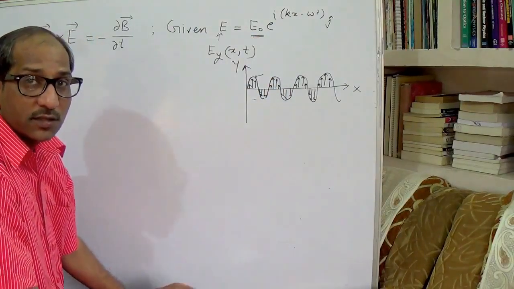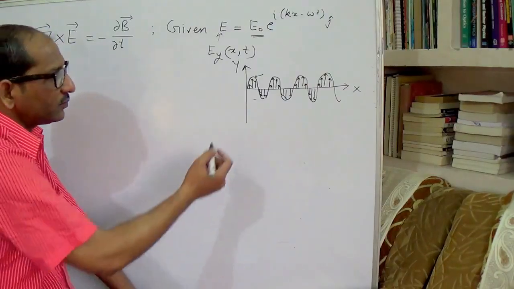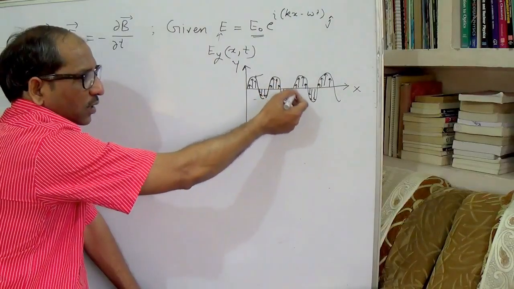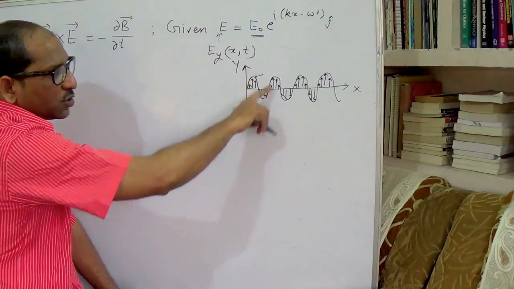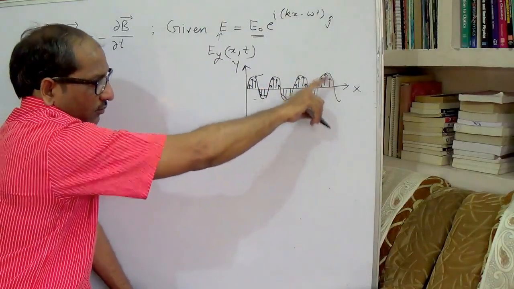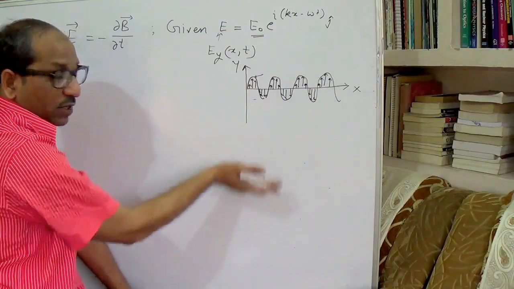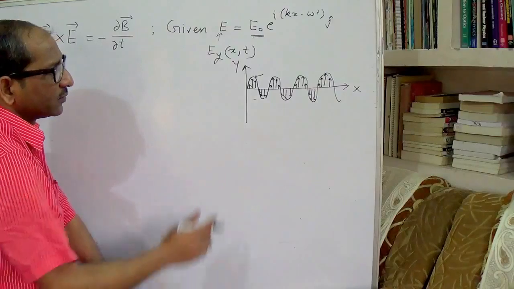E naught is the amplitude of the electric field wave. These are basically vibrations in the medium, and in this way the electric field component propagates along the x-axis and the vibrations are along the y-axis.